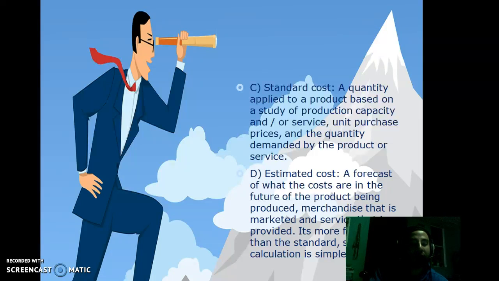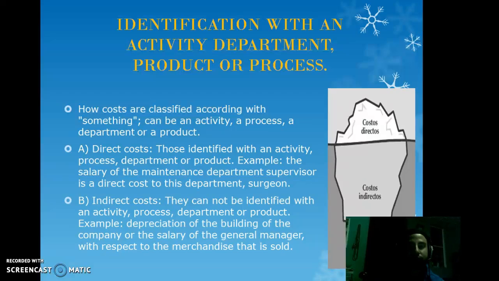It's more frequent than the standard, since its calculation is simpler. For example, when we make a tangible product, we know the specific price of an ingredient. So this is an estimated cost thanks to the marketplace, for example.